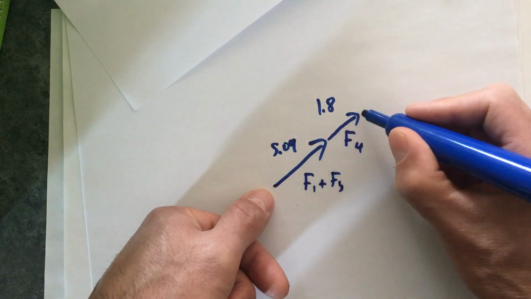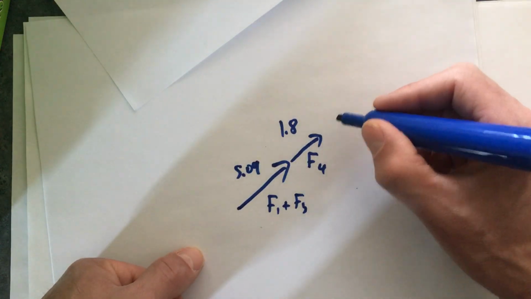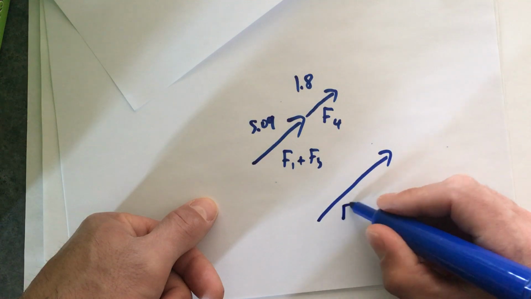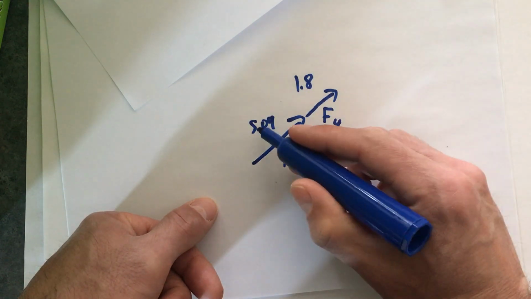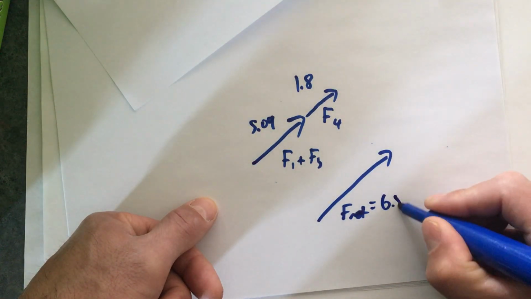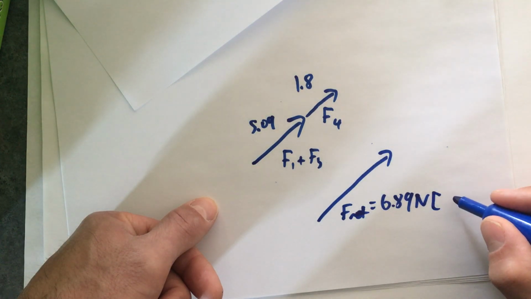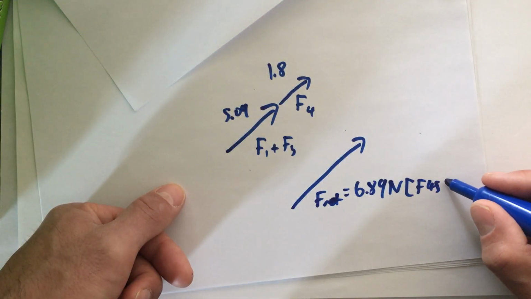So when I add them all together, now that they're in a straight line, I can do simple arithmetic. The resulting force, so this is the net force, it's the sum of all three forces, it's 5.09 plus 1.8, which is 6.89 newtons, and the angle is forward 45 degrees to the right.